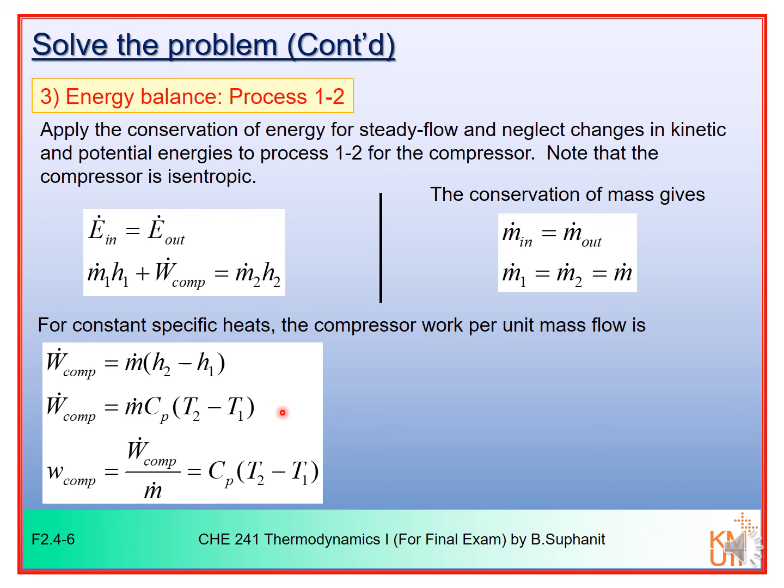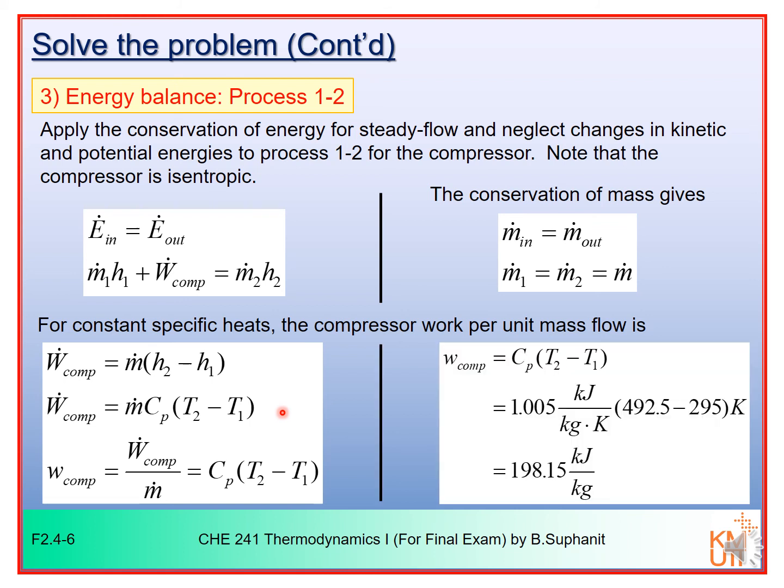For gas, enthalpy change between two states can be calculated from Cp multiplied by delta T. Finally, we have the specific compressor work as Cp multiplied by T2 minus T1. Substituting all known values, we have WCOM at 198.15 kilojoule per kilogram.